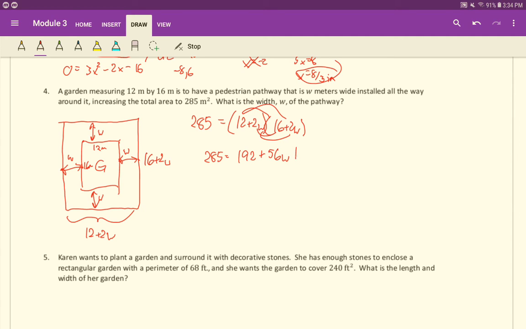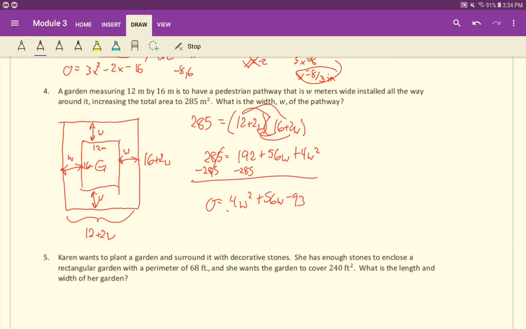Okay, and then plus 4W squared. Subtract the 285 from both sides, so it's equal to 0. Get negative 93, so I'm going to rewrite this in standard form. 4W squared plus 56W minus 93. Okay, and unfortunately there's no GCF here we can factor out.